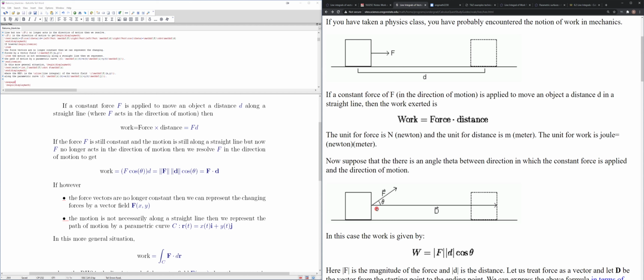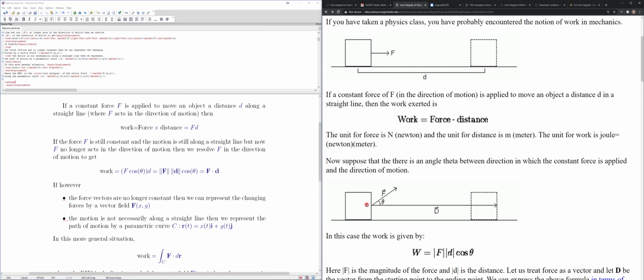The direction of motion in this case is this horizontal direction, and the force is not acting in that direction. But as you move along, the same force, slanted like this, keeps acting on the object as it moves along the straight line.